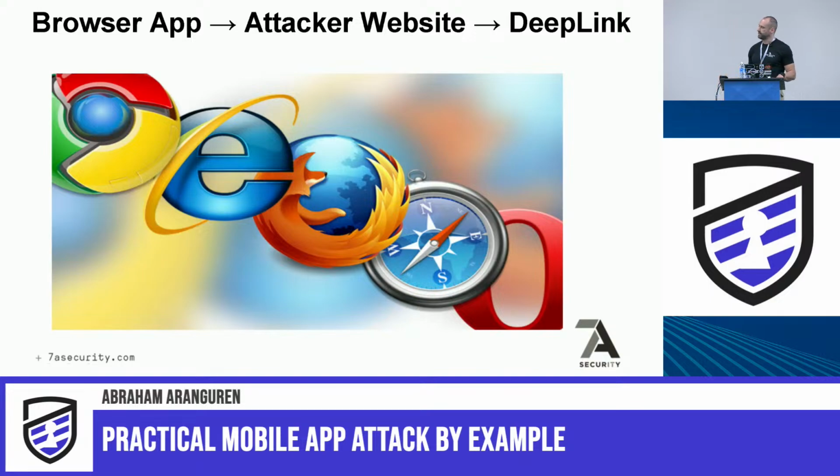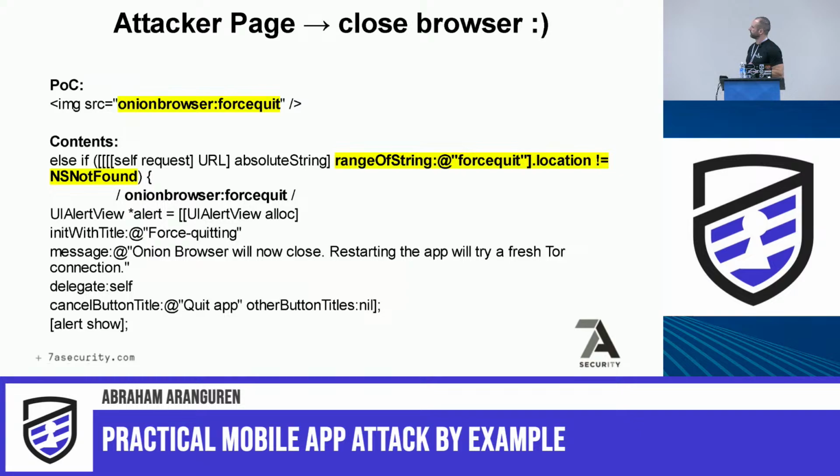So now let's see another twist of this, right? So this is a browser application that goes to an attacker website that then exploits the deep link, right? So this was when we tested the Onion browser a while ago. So you could have image source of Onion browser force quit, and then the browser would quit, right?